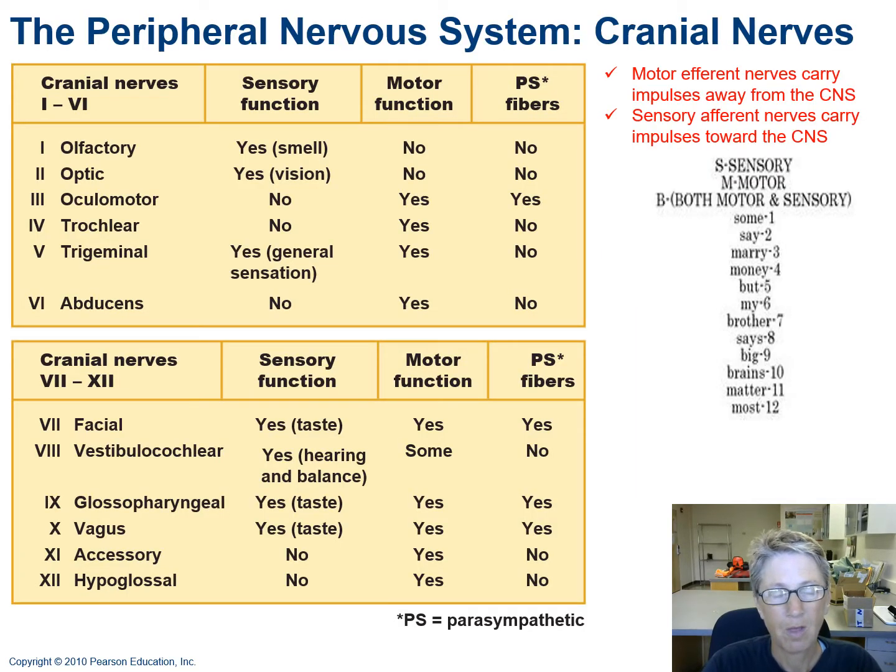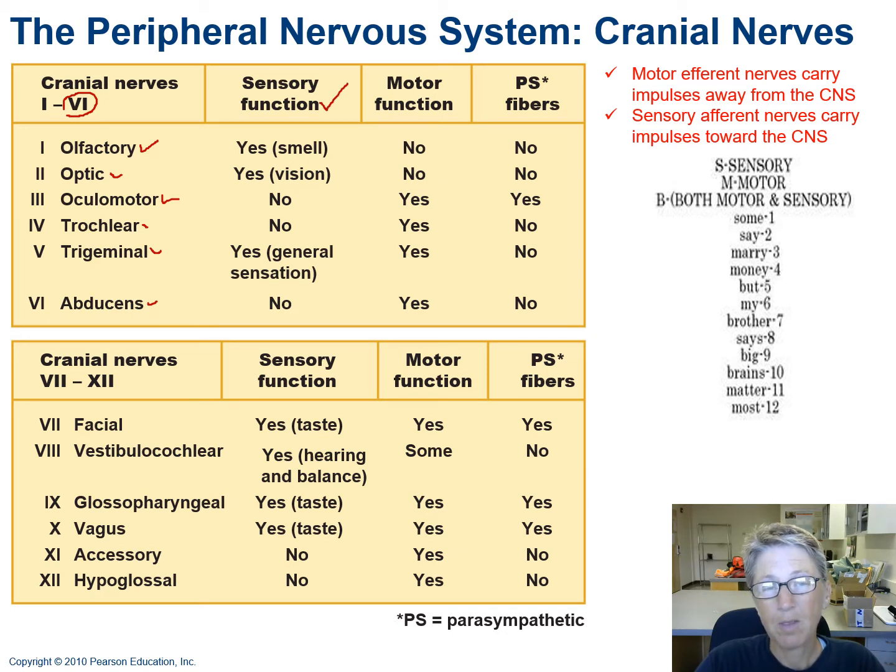So this gives the information in table form, which a lot of people like. So here are cranial nerves 1 through 6. It shows the numbers 1, 2, 3, 4, 5, 6. Here are the names: olfactory, optic, oculomotor, trochlear, trigeminal, and abducens. And then it says, does it have a sensory function?